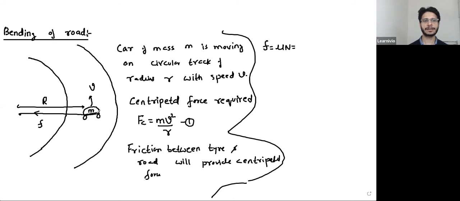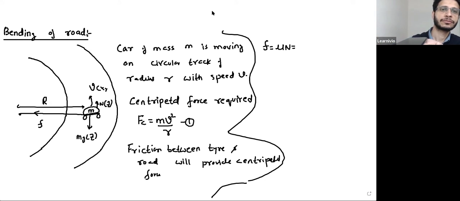In this case, the weight is acting. It's a three-dimensional diagram basically. This is the road, which is the xy plane, and the velocity is in the xy plane. The normal reaction is perpendicular to the road, along the z-axis, and the weight is also acting along the z-axis. The car is moving in the xy plane, but the normal reaction is perpendicular to the plane of the car.